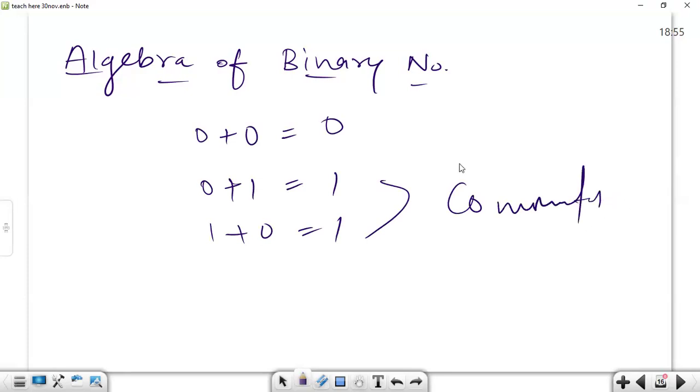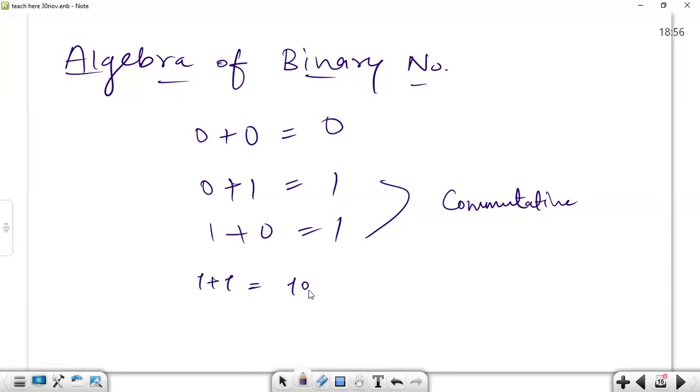Okay, let me write it properly. And if we have to add 1 plus 1, that is 2, which is not there in binary. So write 2 after converting it to the binary number system. So 1 0 will be our answer.